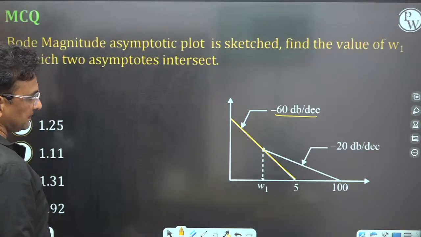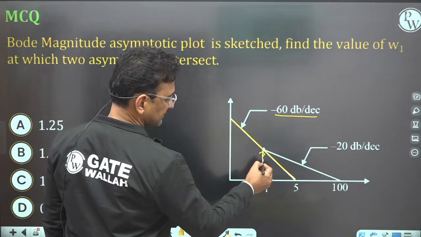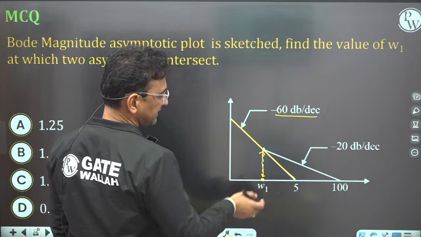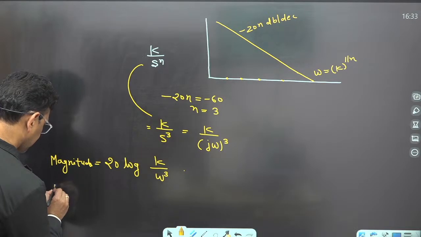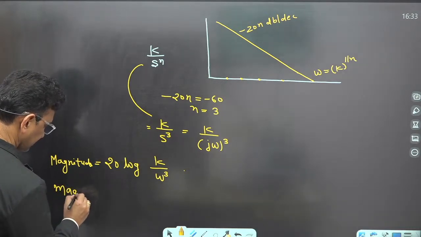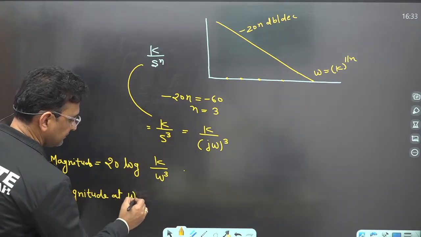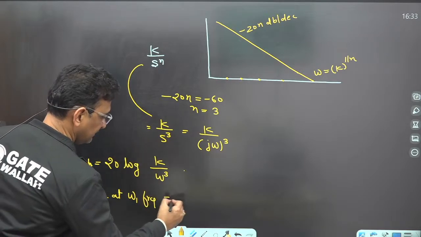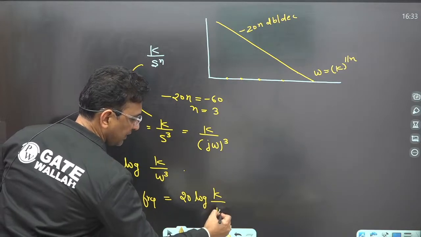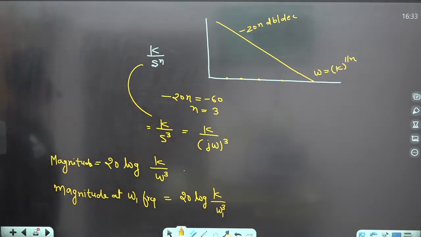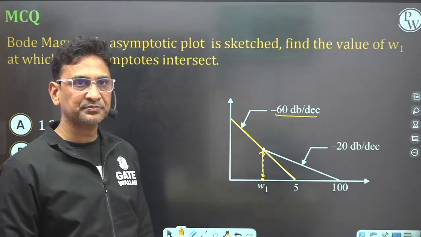Now see, at omega 1 frequency, the magnitude of this line will be 20 log k upon omega 1 raised to the power 3. Clear? At omega 1 frequency, this is my magnitude.